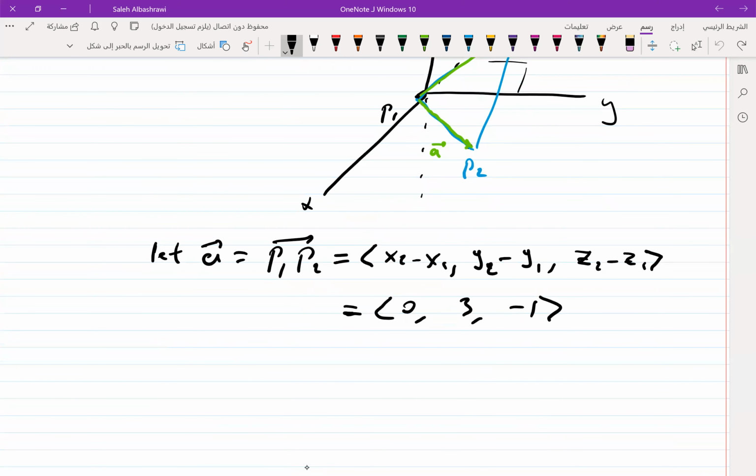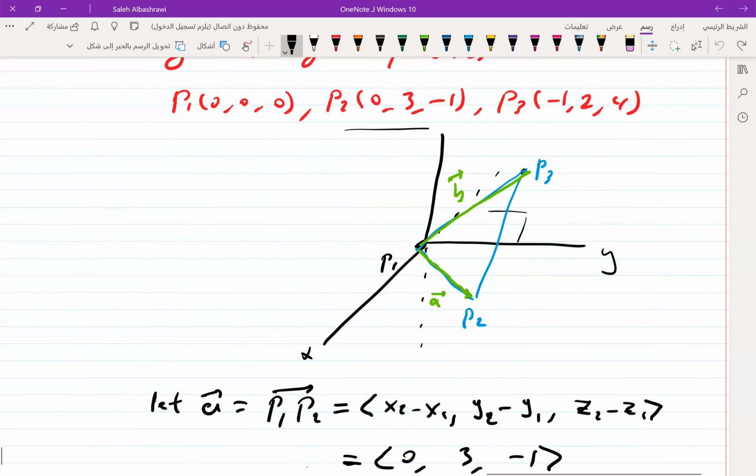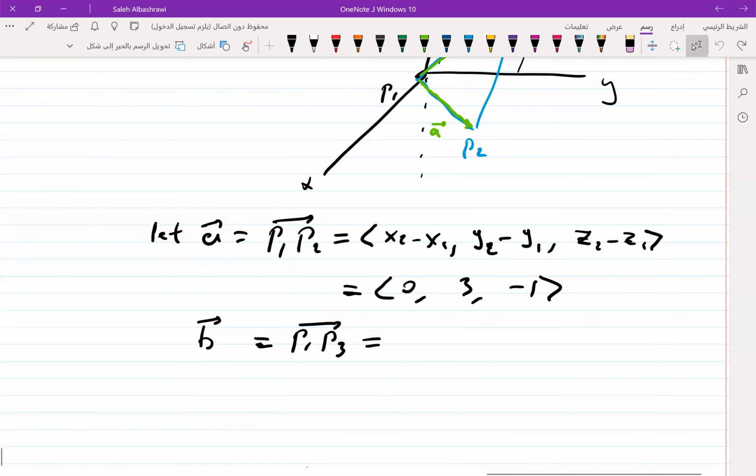Now B equals B1 to B3, and also this is a position vector. So we just take the coordinates of B3, which is minus 1, 2, 4.